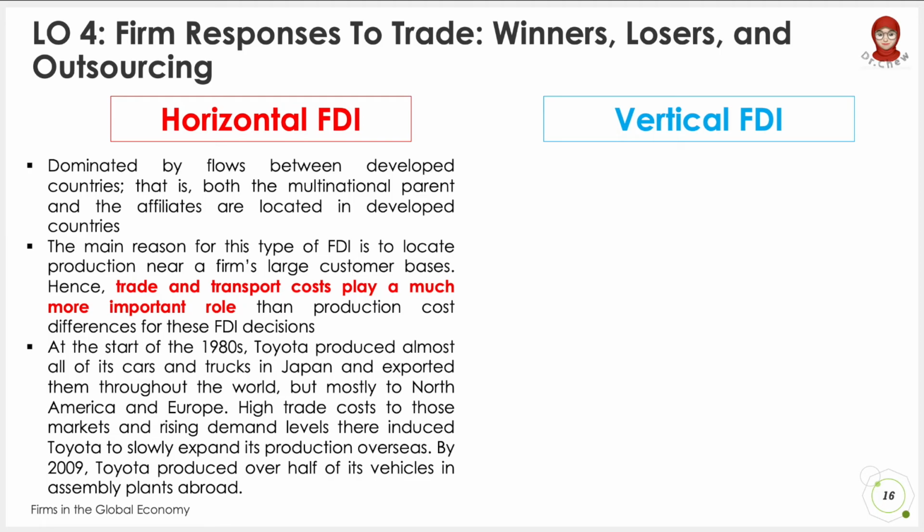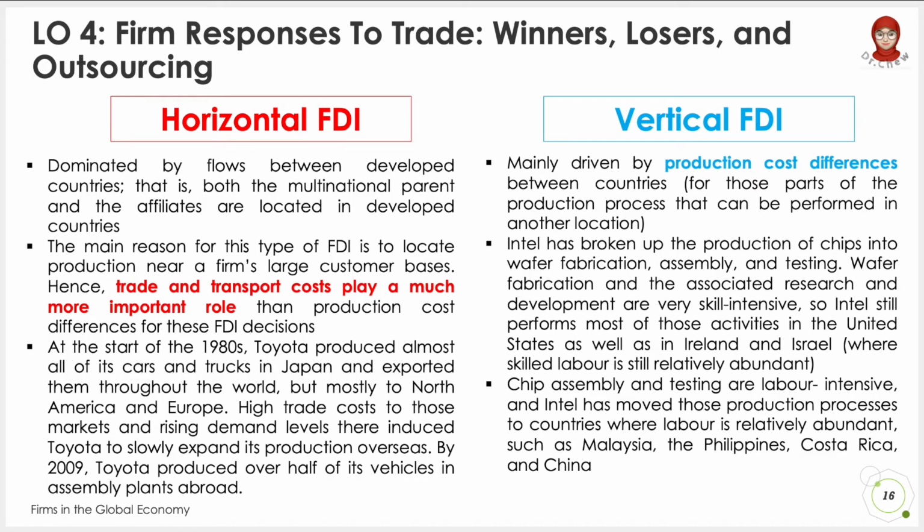On the other hand, vertical FDI is mainly driven by production cost differences between countries. This refers to those parts of the production process that can be performed in another location rather than in one's own home country. For example, Intel, the world's largest computer chip manufacturer, has broken up the production of chips into wafer fabrication, assembly, and testing.